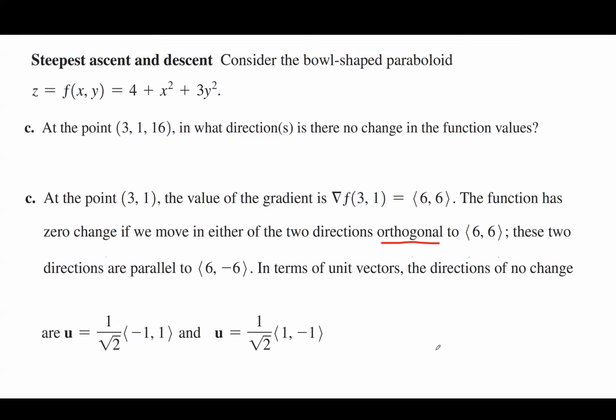So remember that when we are talking about orthogonal vectors, two vectors are orthogonal, or perpendicular, if the dot product between them is equal to 0. So if you find the dot product between these two vectors, it is always 0. 6 times 6 is 36, minus 6 times 6 becomes 0. So that's how you can easily find the orthogonal vectors.